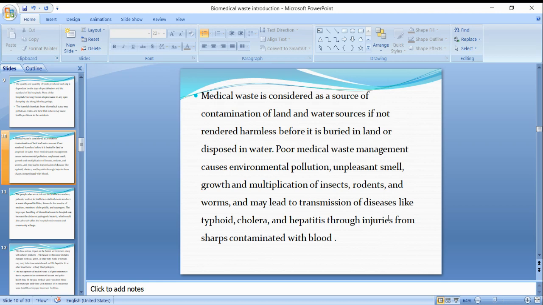So how will human health be affected? We can get diseases like typhoid, cholera, and hepatitis through injuries from sharps contaminated with blood.